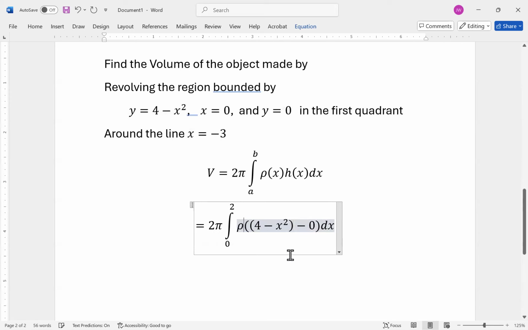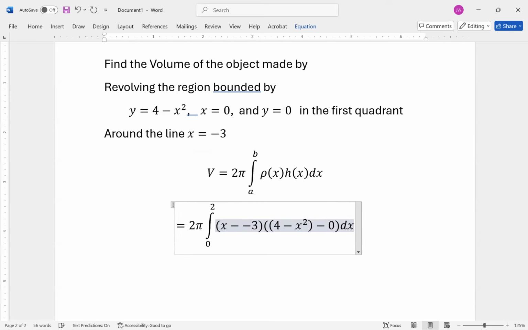The radius now goes from an arbitrary x value down to -3. Now, when I say x down to -3, that's x minus -3, which we can just write as x plus 3.